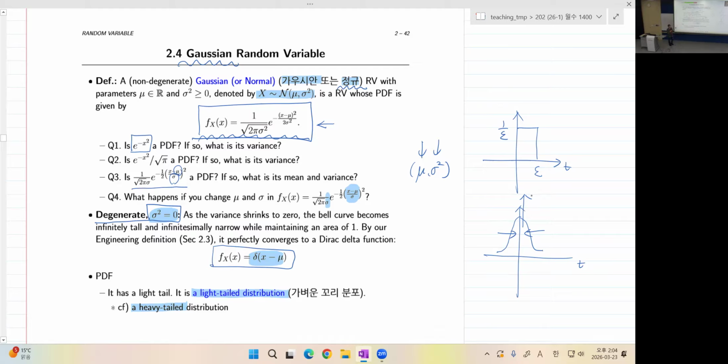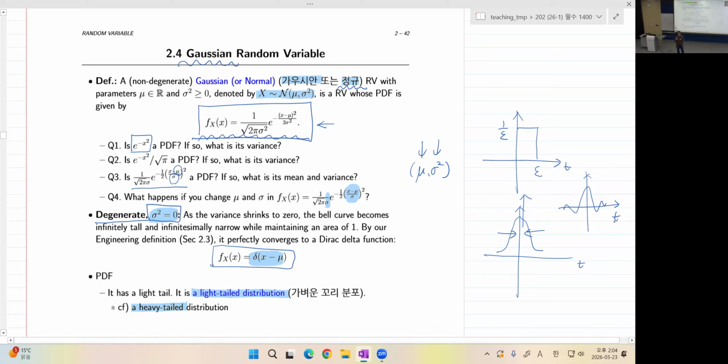Of course, other functions, even sinc function you learned in signals and systems, sinc function can serve as the kind of approximation of the delta function. So to talk about Dirac delta function, never think in this way.